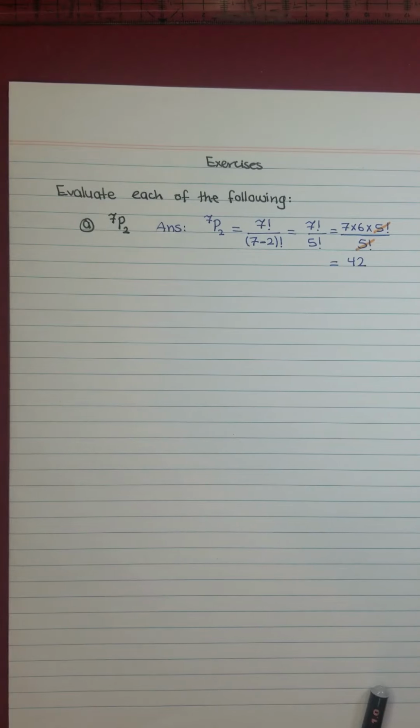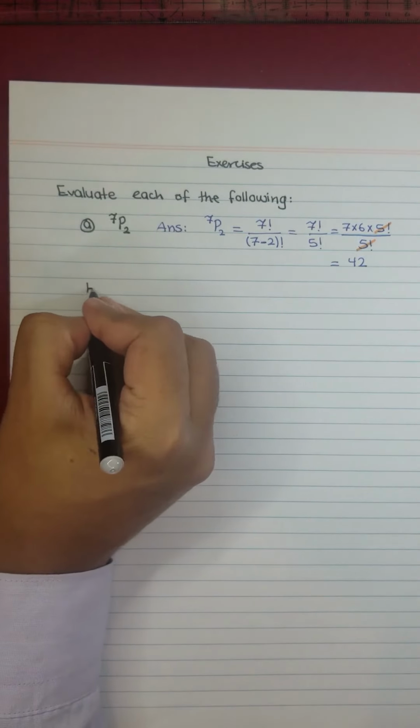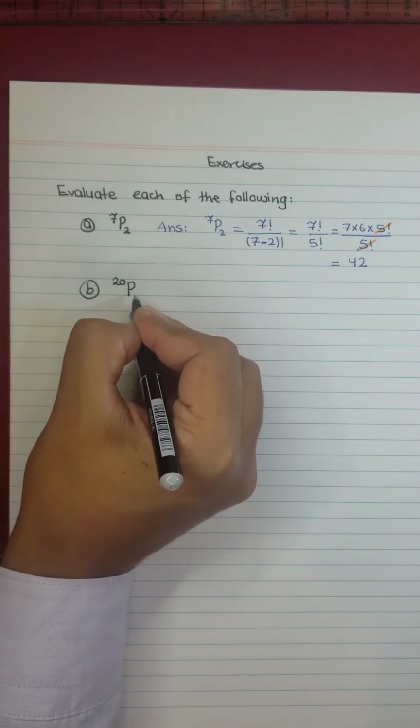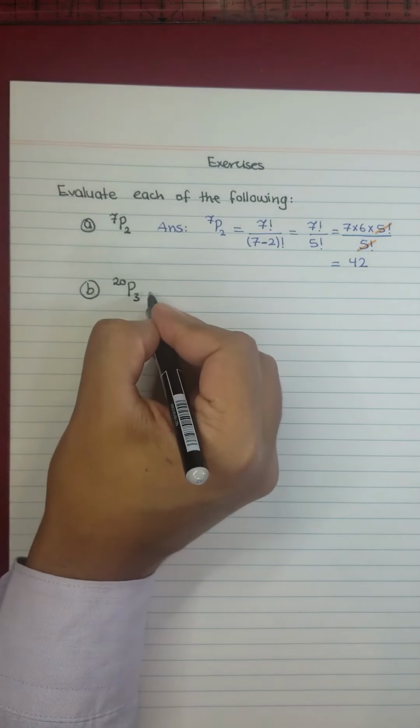Let's see another one, example B. Let's say that we want to find 20 permutation 3.